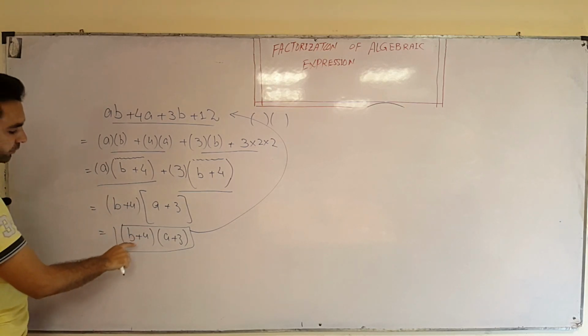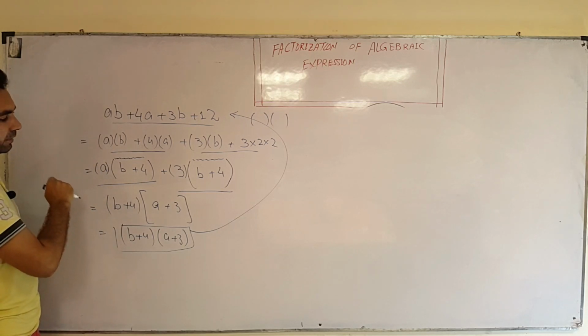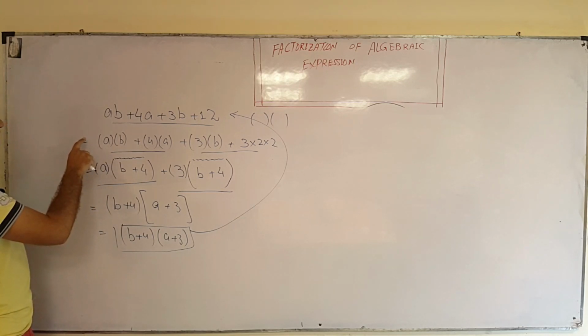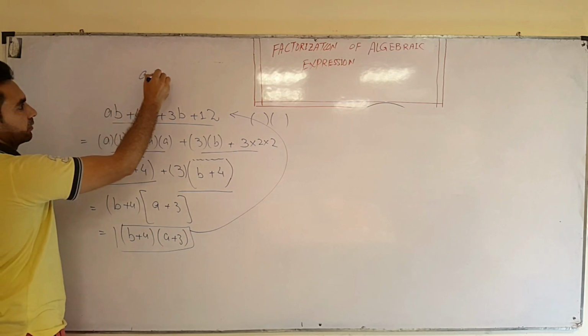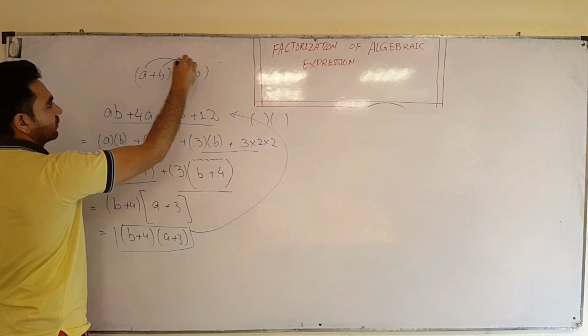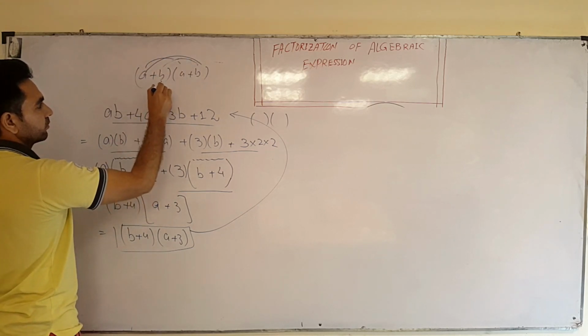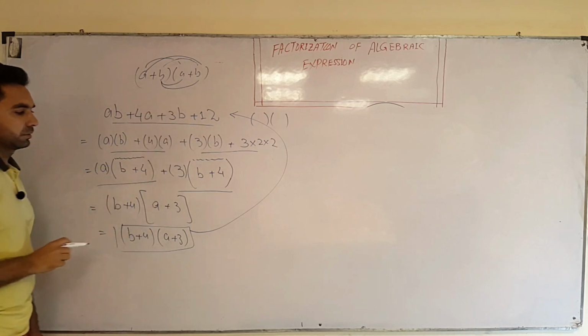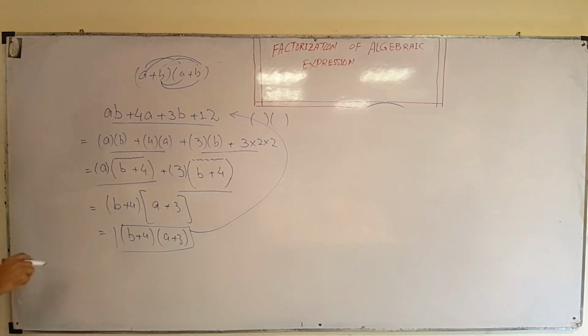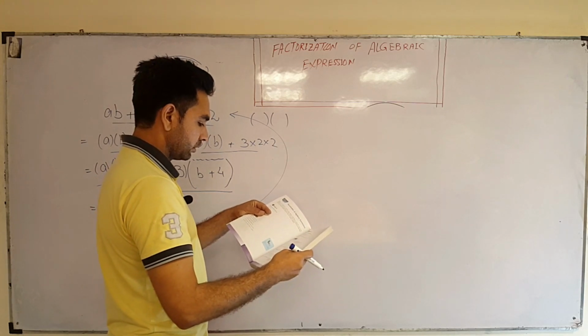So you can see that if you go from down up, this is the exact same procedure that you did with this one, that you multiply this and this and this, and then you multiply this into this. So I hope you understand how you can factorize these expressions. Let's go to a different one.